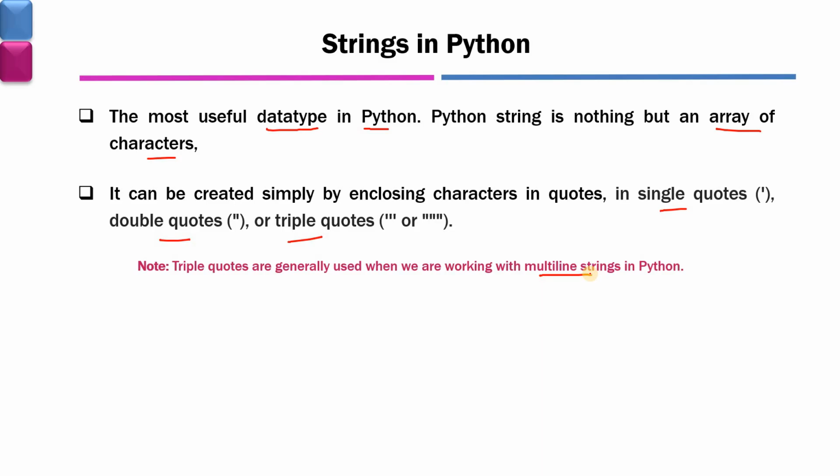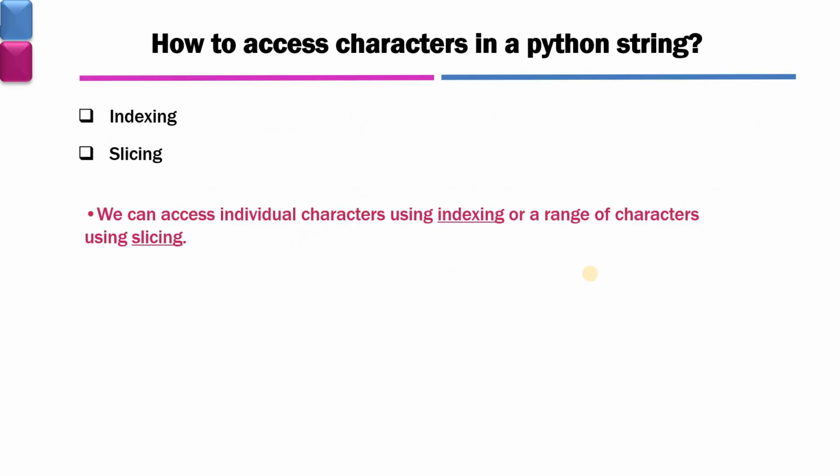Now, since strings are nothing but an array of characters, can I access individual characters from a Python string? Yes. For that, we have to use either indexing or slicing. Now, what is indexing and what is slicing? We will go into a deeper discussion.